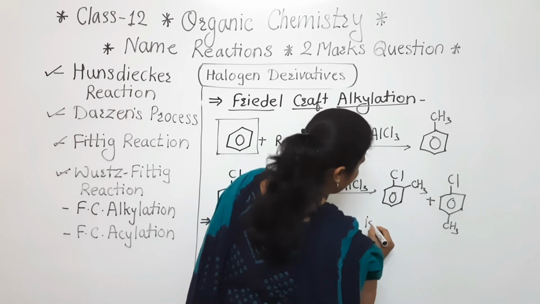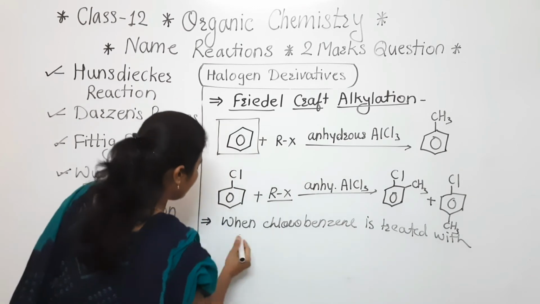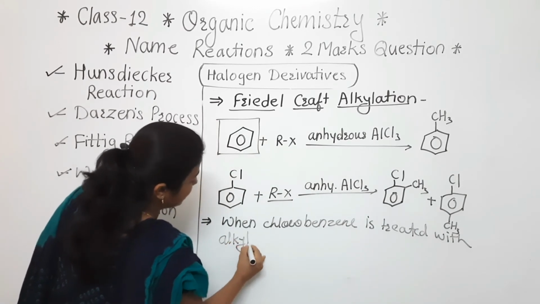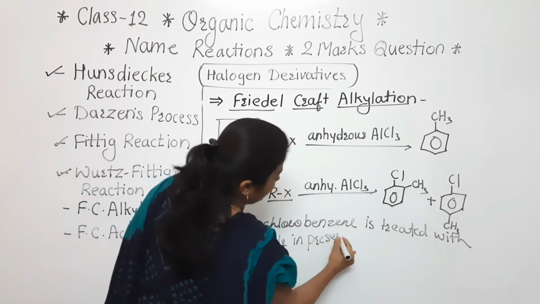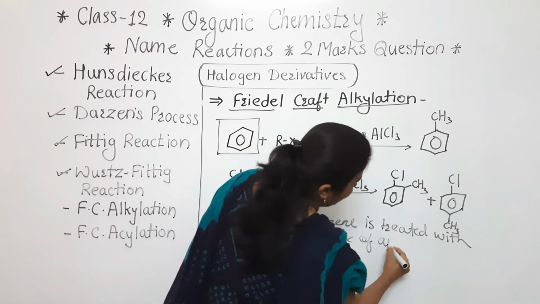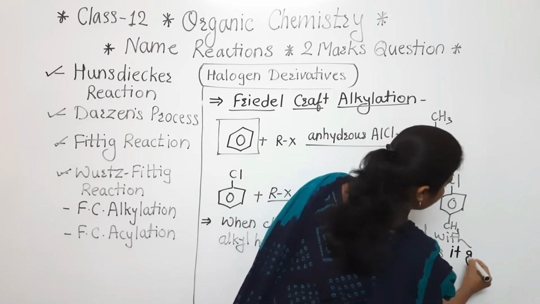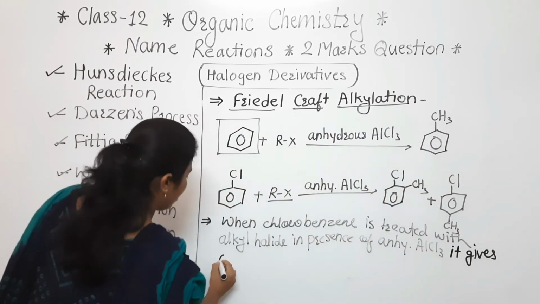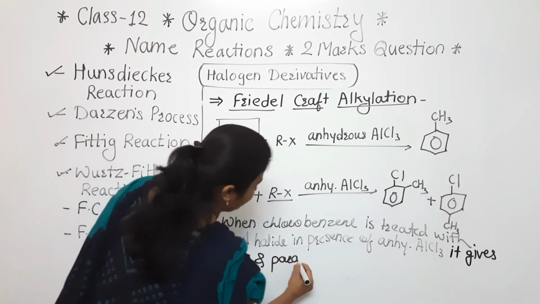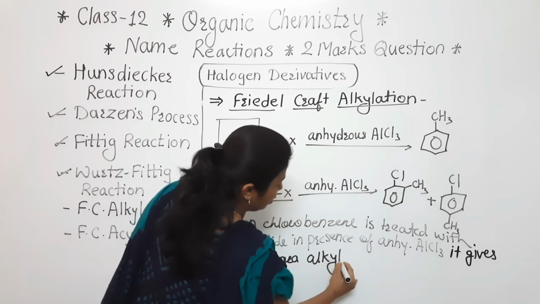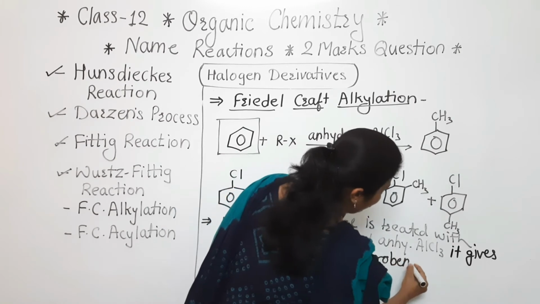When chlorobenzene is treated with alkyl halide in presence of anhydrous AlCl3, it gives ortho and para alkyl chlorobenzene.